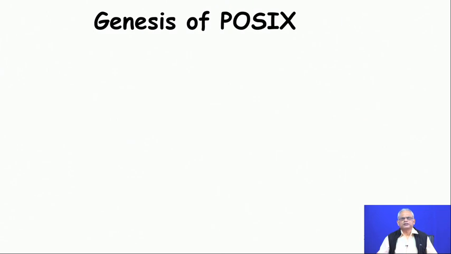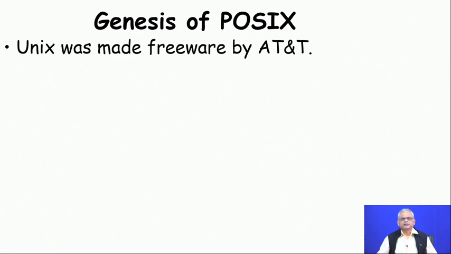Now, let us look at one last issue before we conclude this course: POSIX. If we look at the origin of POSIX, it had to arise because Unix, once it was developed by AT&T, was given free to many recipients.